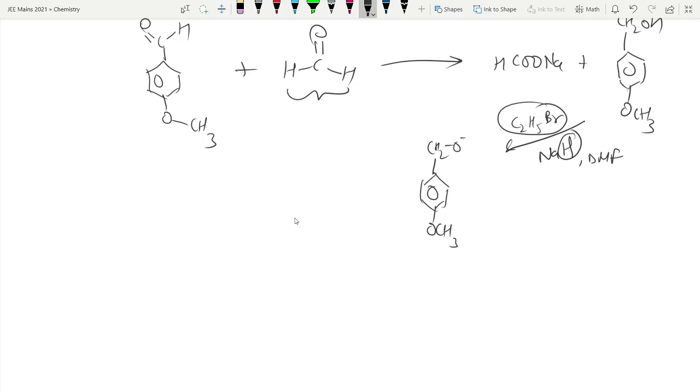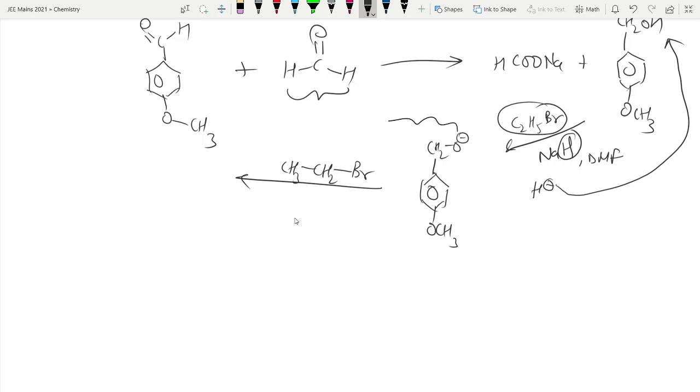So H minus will abstract this H plus, and then you have CH3CH2Br. So this will attack here, and this is a primary alkyl halide. So this can happen, Williamson synthesis, and we have CH2OCH2CH3, and we have OCH3.